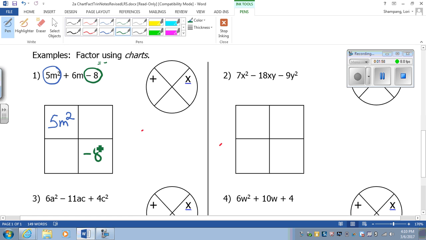Now, what are we going to do with the circle? We're going to put 2 numbers in there. In this part of the circle, we're going to put the product of a times c. So the product of a times c is going to be 5 times -8, or -40.